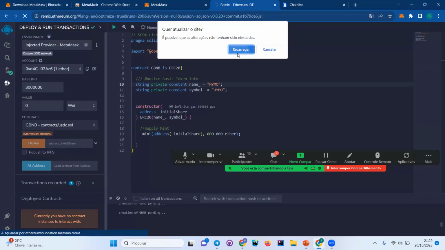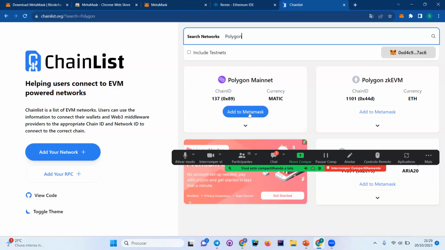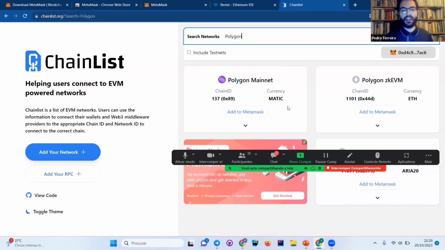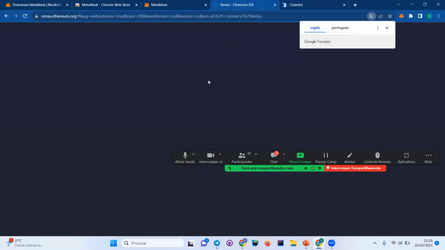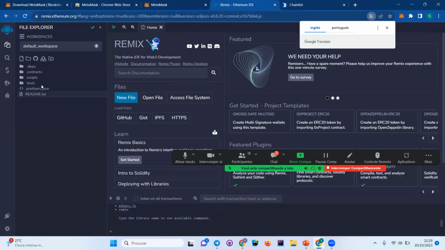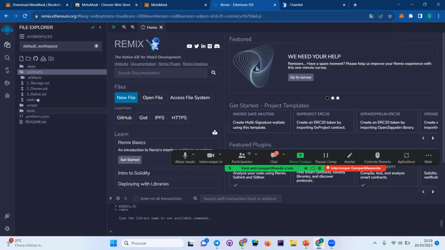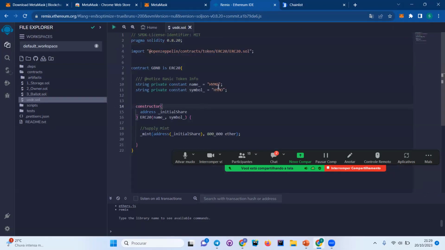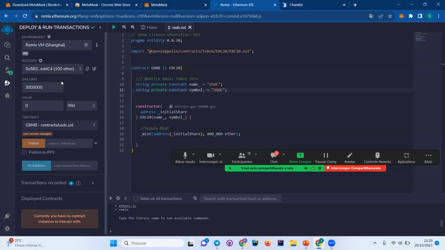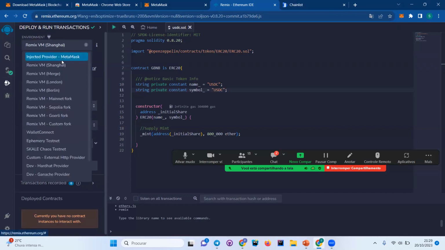I have some options like allow this site to switch the network. Yeah. Click connect, approve, something like that. Switch. Okay, so it's connected. Yeah, it's connected.